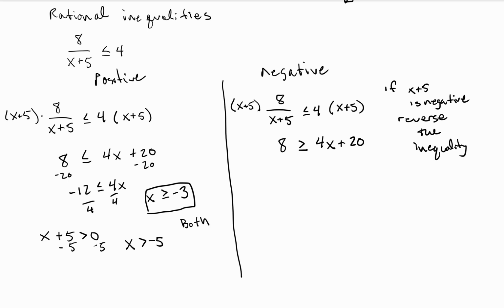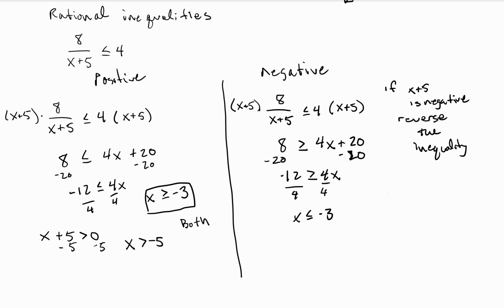So subtract 20 again. You're just doing the exact same thing. I get negative 12 greater than or equal to 4x. Divide by 4. I'm going to get x is less than or equal to negative 3.